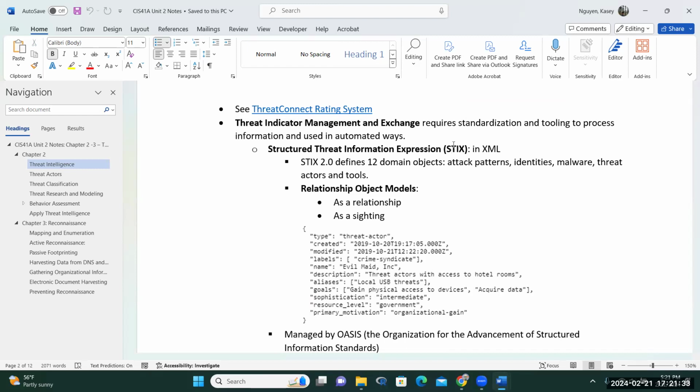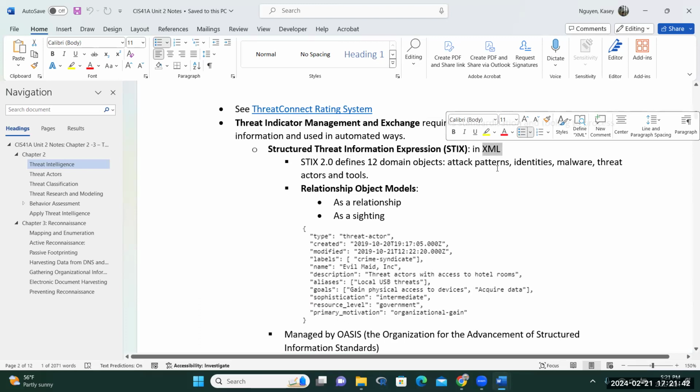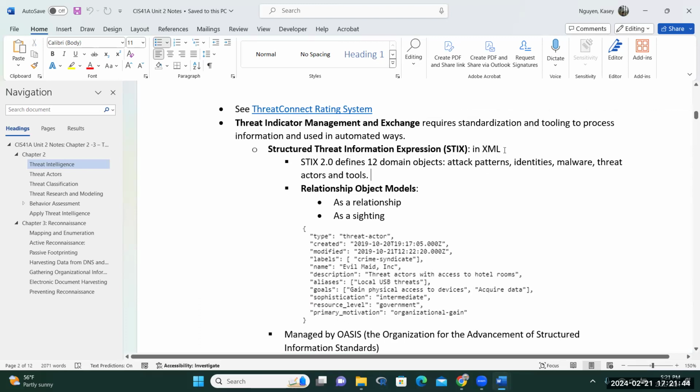So the structure of the threats is going to use STIX information, and this can be seen in XML. So this could be useful for some type of technical tool that you use. It's going to give you attack patterns, identity of the threat, the category of the threats, and the actors and the tools that would be related to that threat.